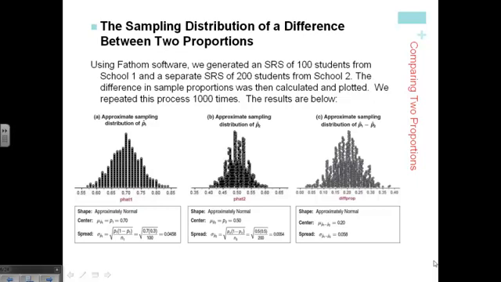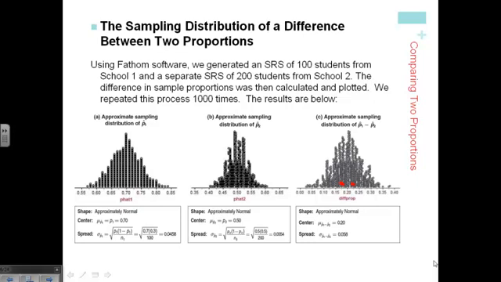Boom. And it's one of the numbers in that distribution. And I do another simulation. I grab a p hat from school number 1, I grab a p hat from school number 2, I take p hat 1 minus p hat 2, get another number, the difference between those two p hat values, and boom, I plot that. And I do that again and again and again 1,000 times.